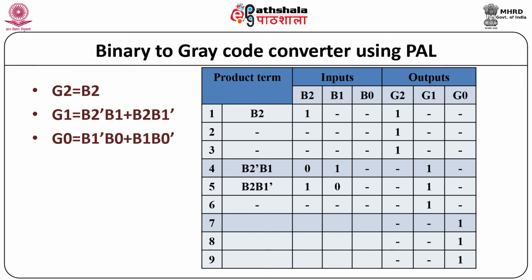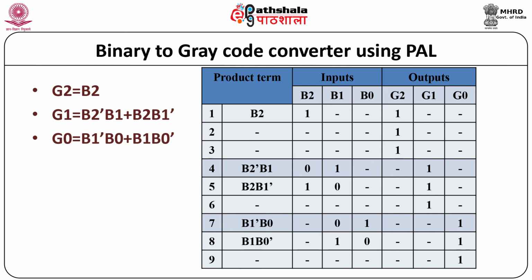For fifth term B2 B1 bar, input B2 is 1, B1 is 0 and B0 is dash as it is absent. Sixth term is absent, hence dash is written for the product term as well as for inputs.